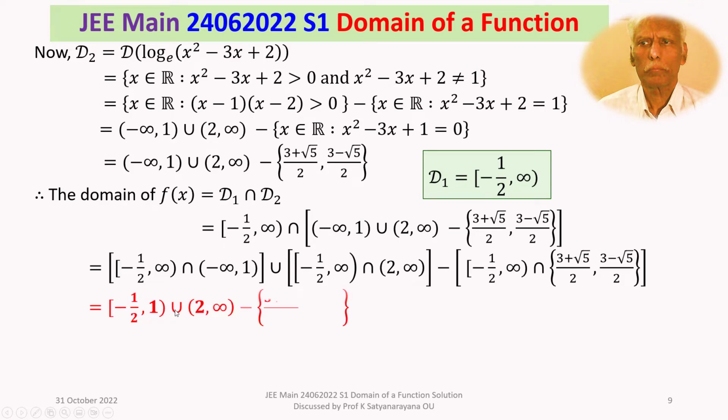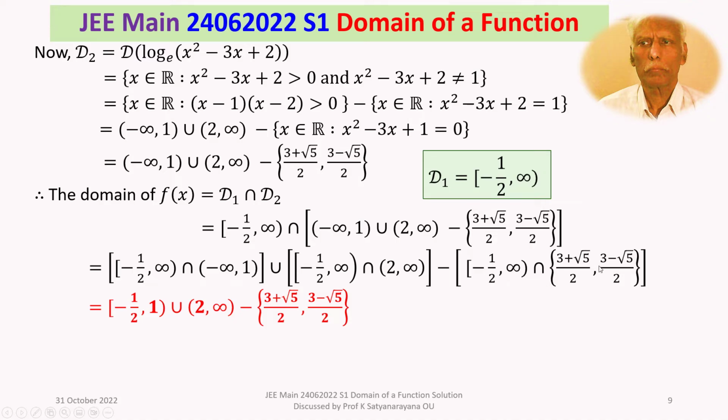And [-1/2, ∞) with (2, ∞): if you take the intersection, the smaller of these two is (2, ∞). Yes, (2, ∞) is contained in this. Therefore, the intersection is (2, ∞). And now, both these points lie in this one.